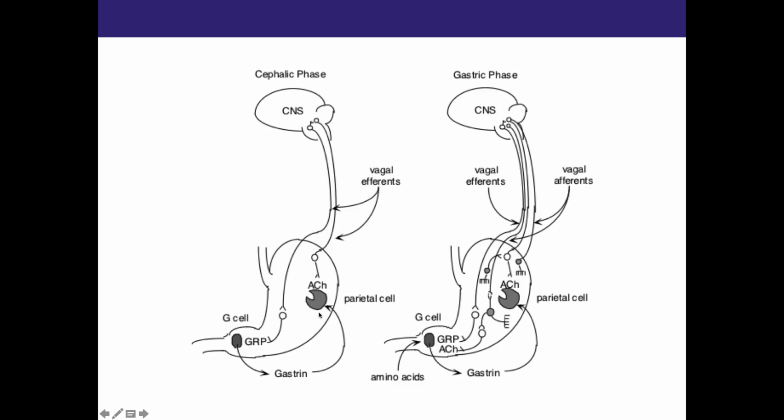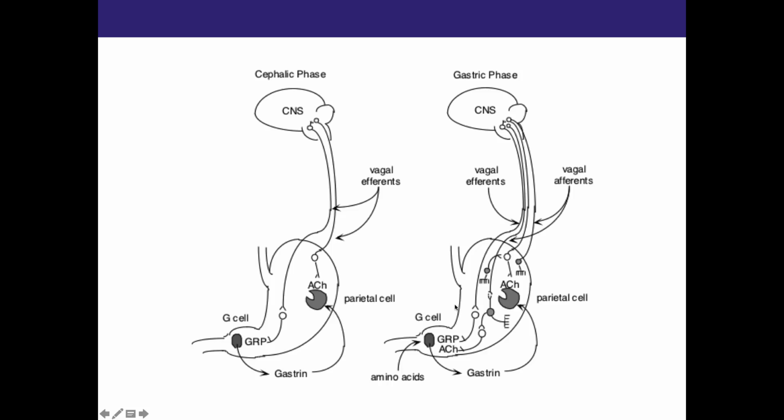You can see the vagal nerve actually releases acetylcholine, and it's directly stimulating those parietal cells. It's also mediating gastrin-releasing peptide that is stimulating the G cells to produce gastrin, and that's feeding back to the parietal cells.